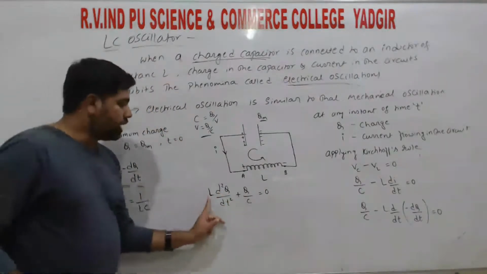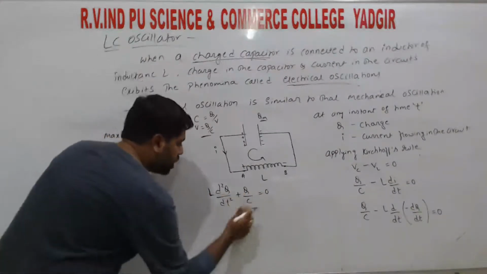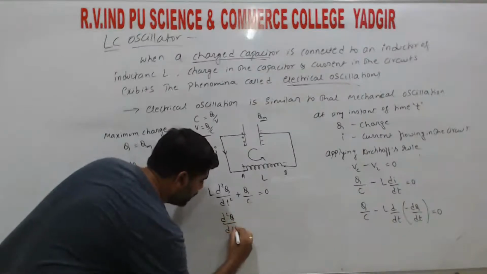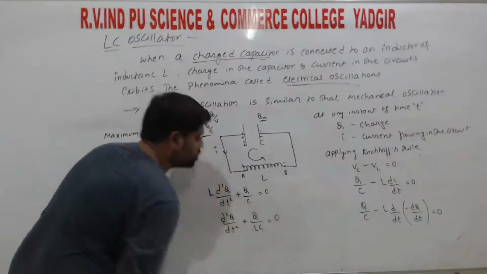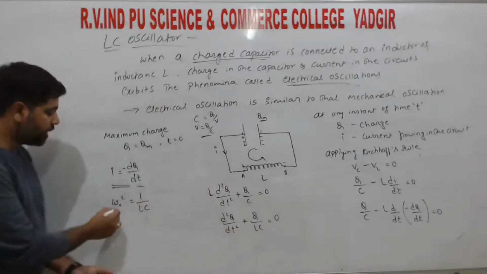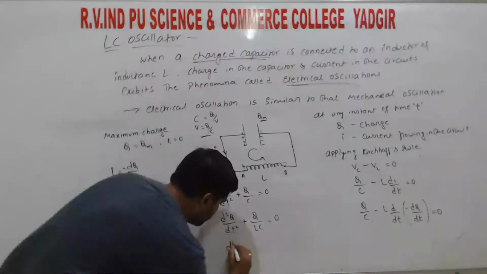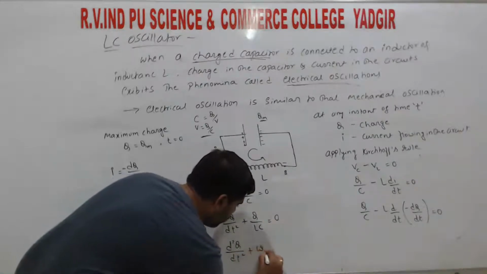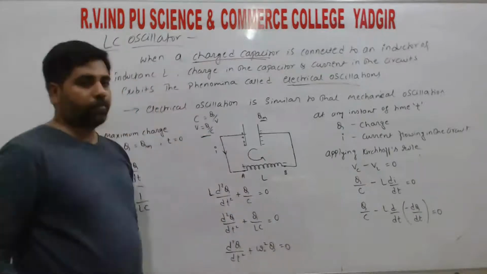Now divide this whole equation by L, or take L to the RHS, we can write d square Q by dt square plus Q divided by LC equals 0. From the resonance, 1 by LC we can write as omega naught square, right? So the equation is d square Q by dt square plus omega naught square Q equals 0, right?